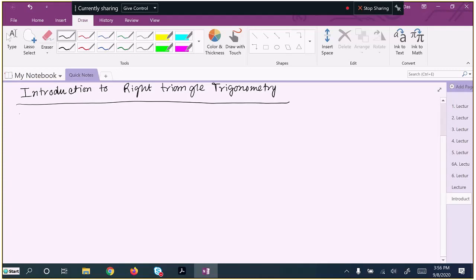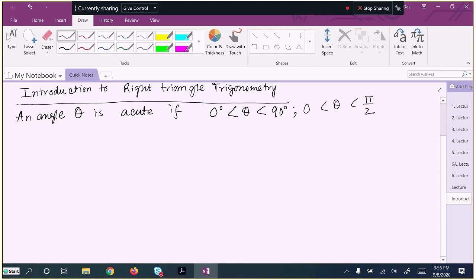Remember, we defined an angle theta as acute if theta is between 0 degrees and 90 degrees, or in other words, in radian measure, theta is between 0 and pi over 2.